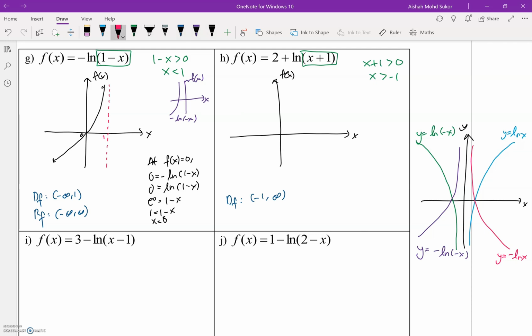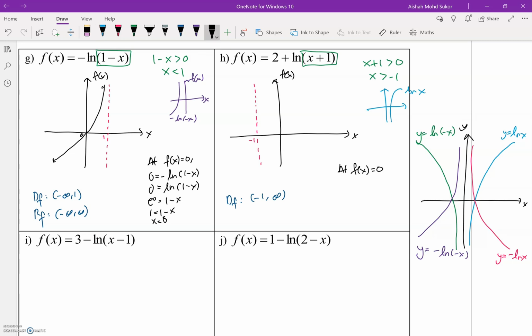We know that our graph will exist at x greater than negative 1. At x equal to negative 1, there will be a vertical asymptote. In front of ln there is a positive, and in front of x is positive as well, so basically the shape of the graph will be the basic shape of ln.